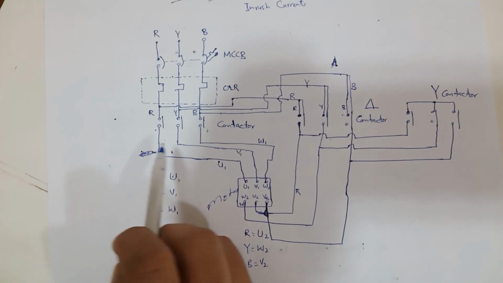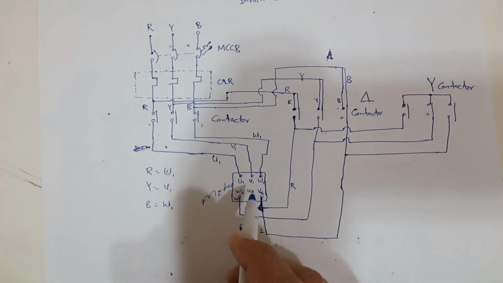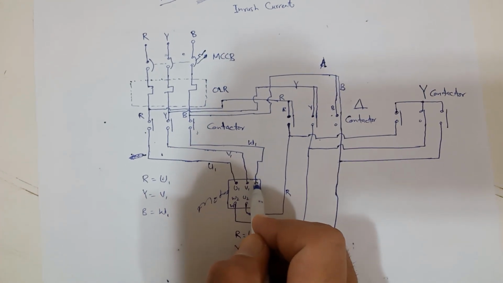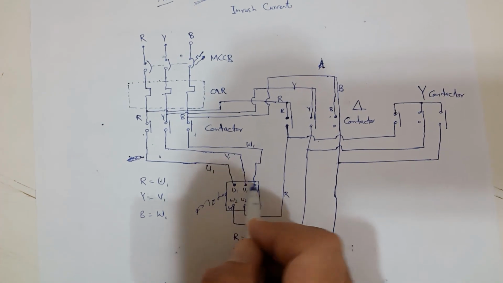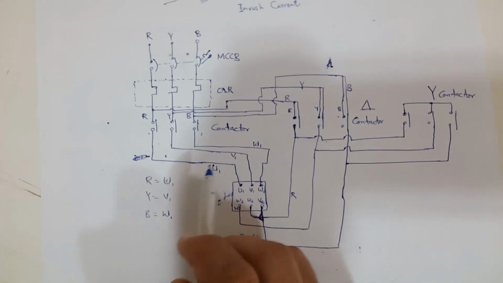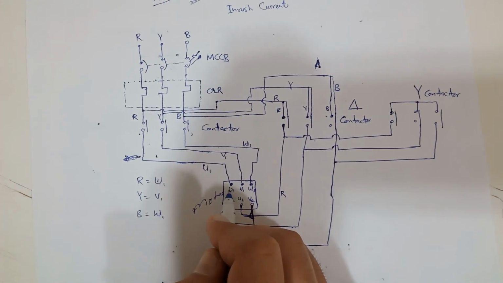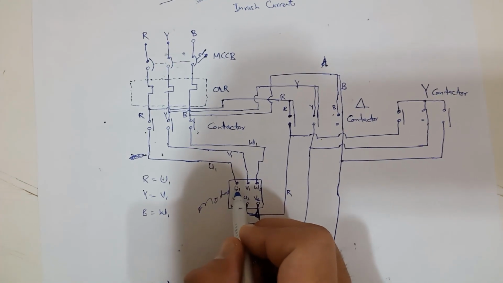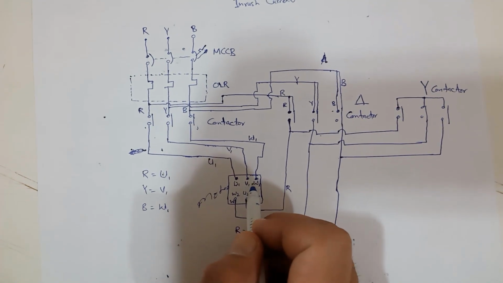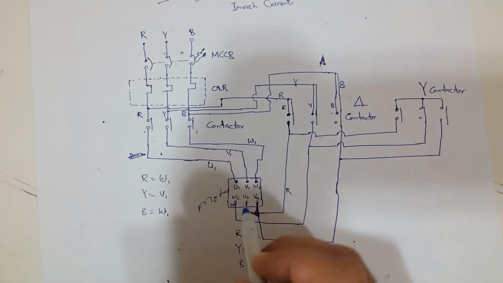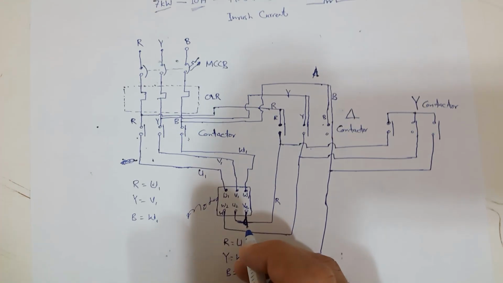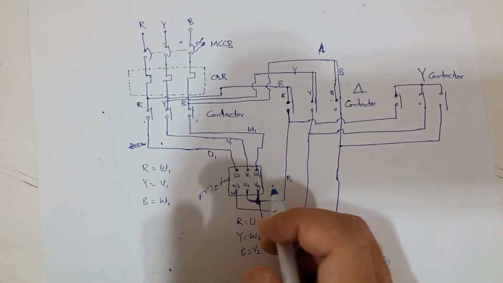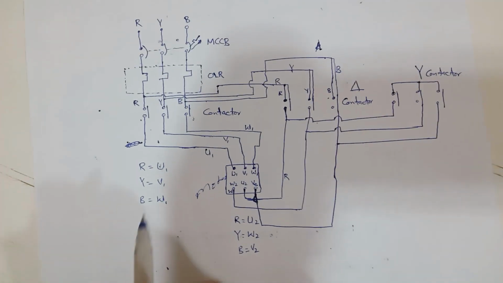After the contactor we have red, yellow, blue, and here we have the motor. The motor has 6 connections outside, 3 on one side and 3 on the other side. We name the connections U1, V1, W1, and the other side is opposite: W2, U2, and V2. We place them opposite so that if there is a fault, we can clearly find and remove that fault.